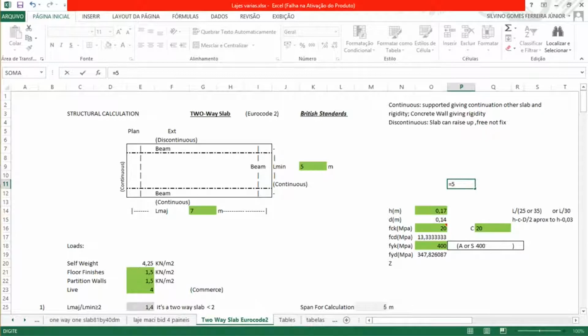The minor span is 5 meters divided by 30, which gives us 0.167, so we can say 0.17.